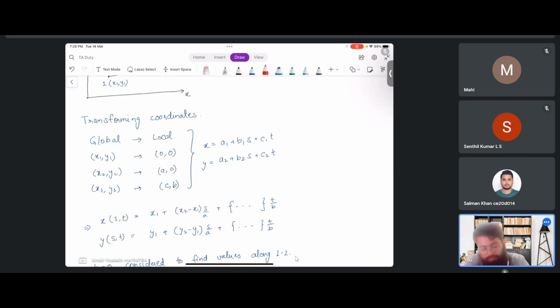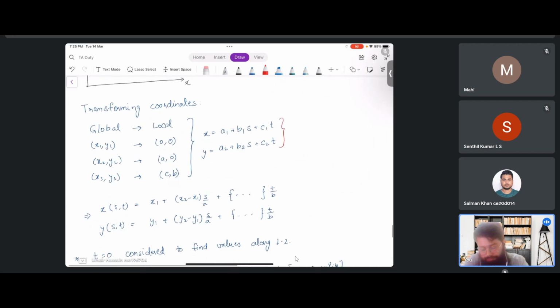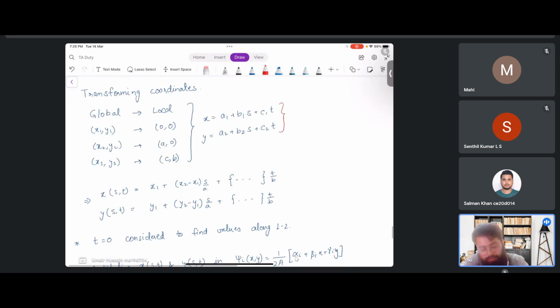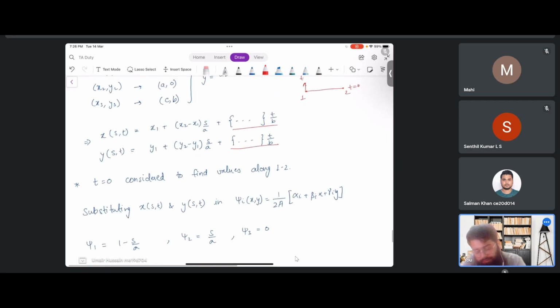So we can write our transformation equation like this, and by substituting the points, we'll get some function. But since we are considering the integral on this line only, suppose on this line 1-2 here, t equals 0 here, right? So we don't need these terms here. We can ignore these, and we'll be left with our main transformation functions.